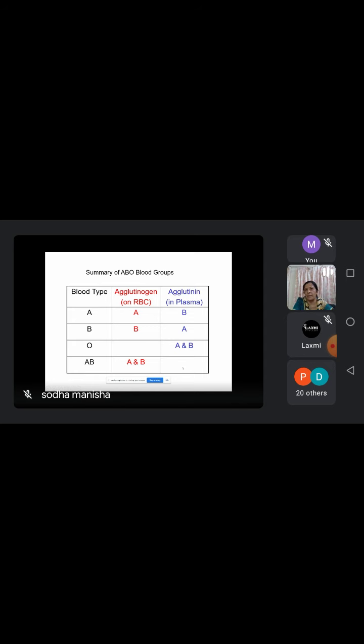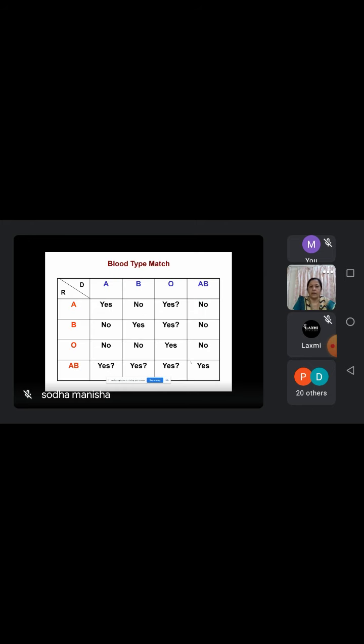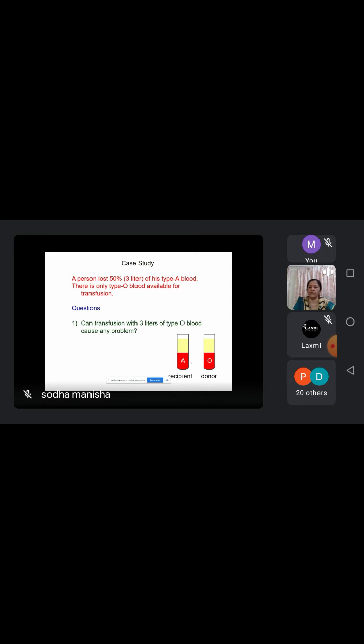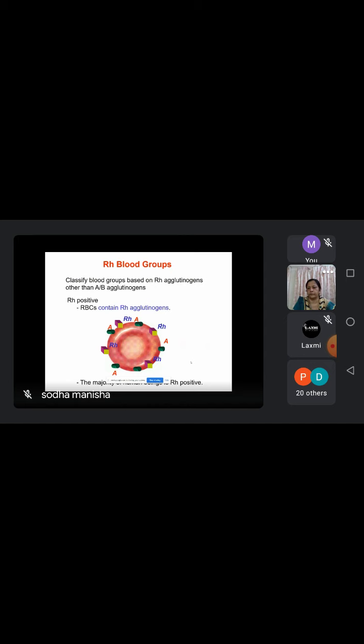That is why AB blood group is known as universal recipient. In this way, we have discussed the ABO system of blood grouping based on the type of agglutinogen present in a red blood cell, either A or B.